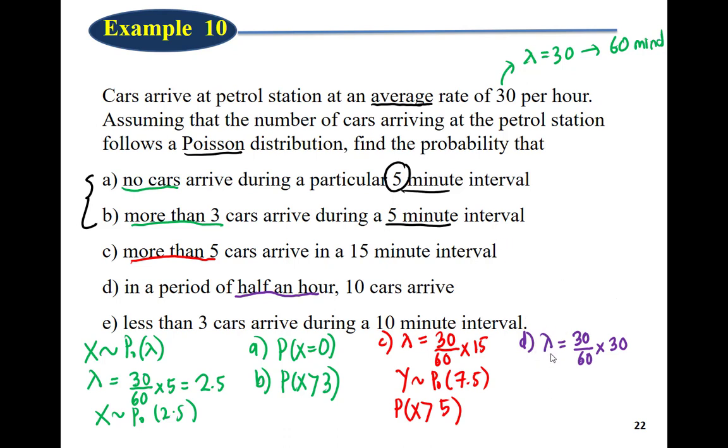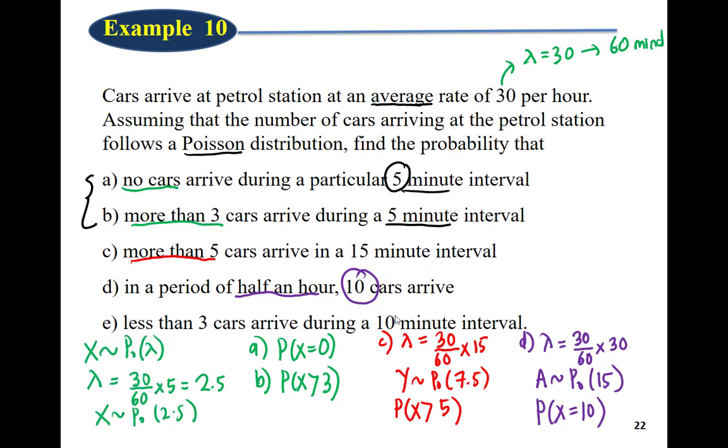So our new lambda for question D, let's say A is Poisson, the new lambda is 15. And then the question is 10 arrivals, so probability of X equals 10.